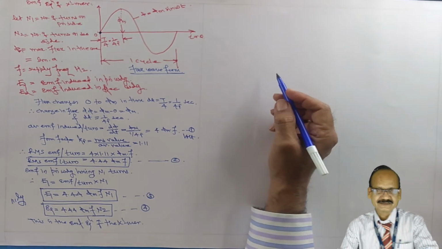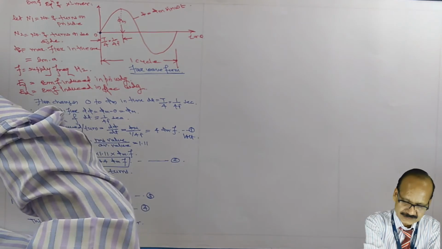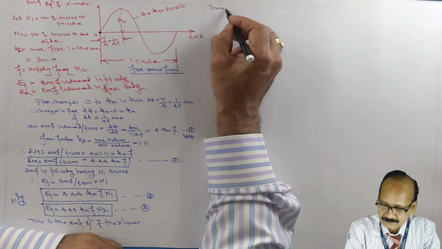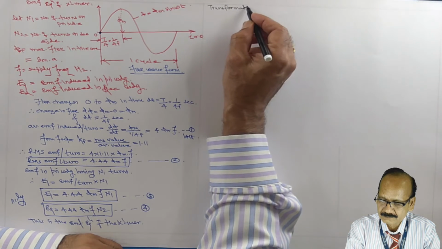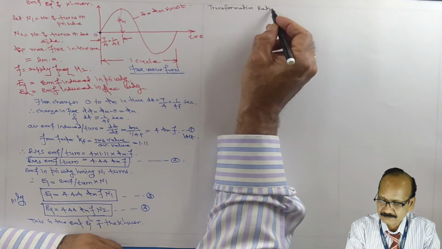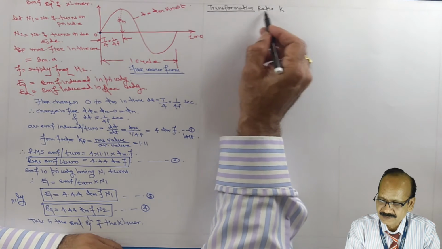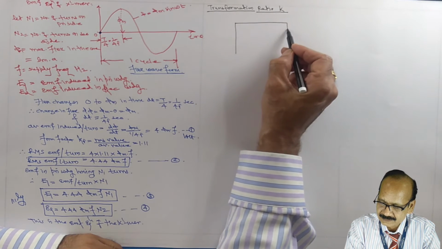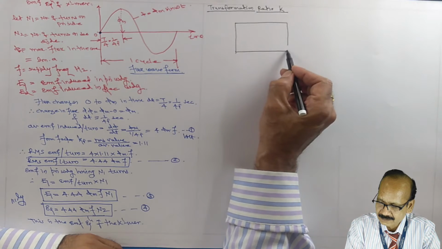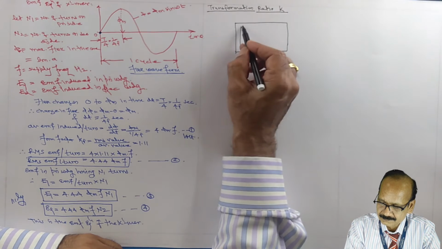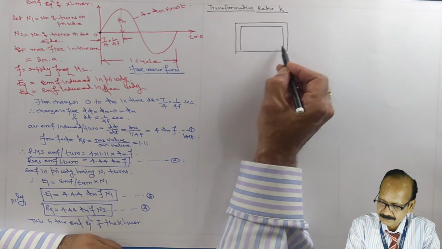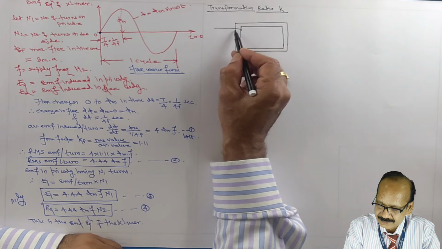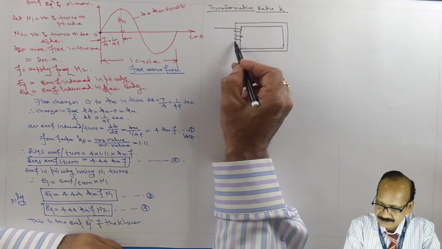Okay. Now let us see the transformation ratio K. Now consider, okay, this is the core and the windings are like this.